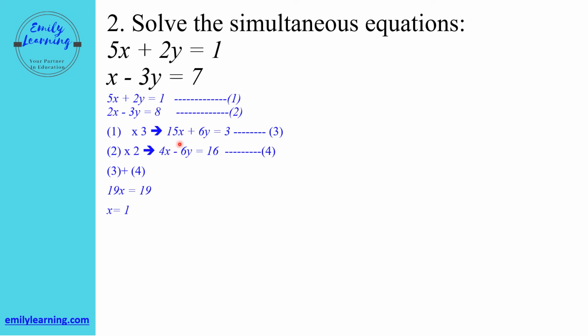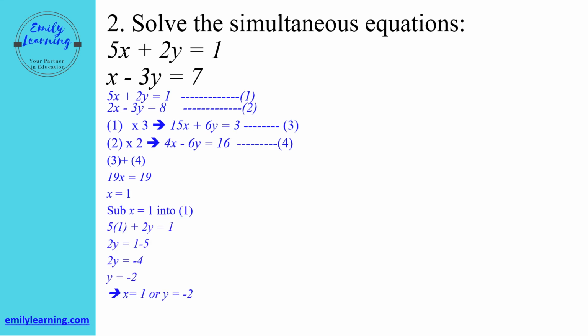So 15x plus 4x is 19x. 6y plus minus 6y is 0y, so I don't need to write anything for y here. 3 plus 16 is 19. So that is how I get this. Then to solve for x, I just divide everything by 19. I'll get x equals 1.